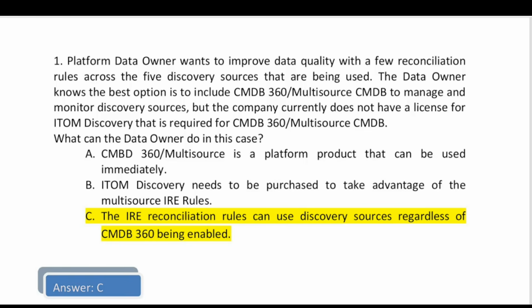Question is, a platform data owner wants to improve data quality with a few reconciliation rules across the 5 discovery sources that are being used. The data owner knows the best option is to include CMDB 360 multi-source CMDB to manage and monitor discovery sources.